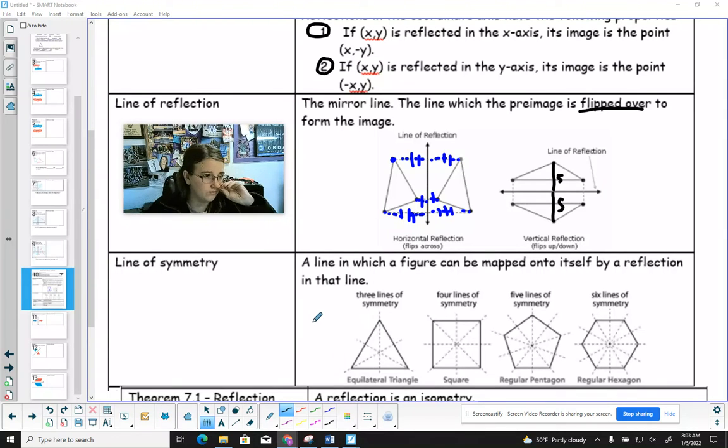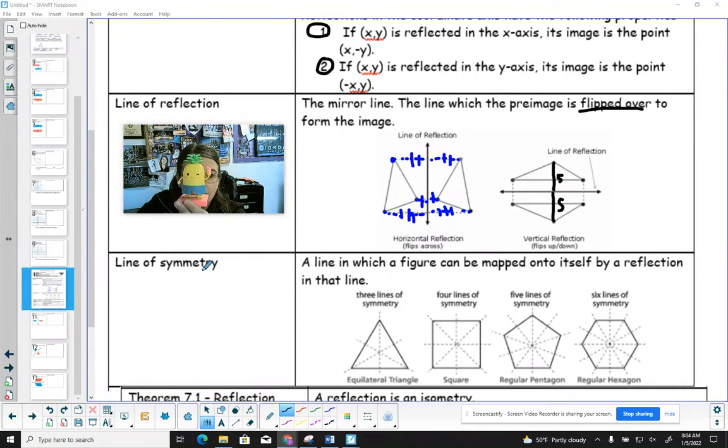Something else we're going to be talking about relating to reflection in this lesson is what's called a line of symmetry. We know that symmetry looks like a mirror image, right? Not all things are symmetrical. For example, my little guy here is not symmetrical.